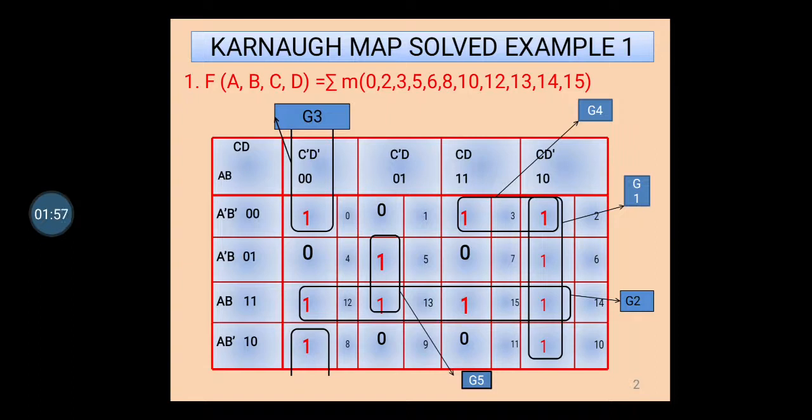The very first rule is to form 8 number of ones adjacent. They should be close to each other, should be neighbors. Here 8 numbers of ones are not close together, and therefore if 8 ones are not possible, then go for 4 number of ones. So here 4 number of ones are possible, so you can check this in group 1.